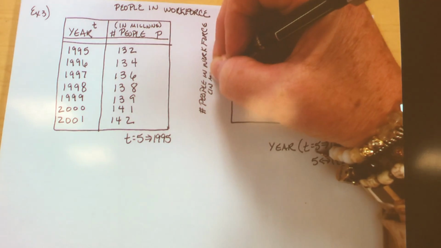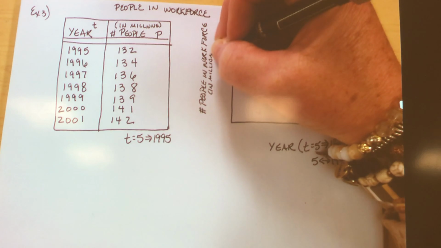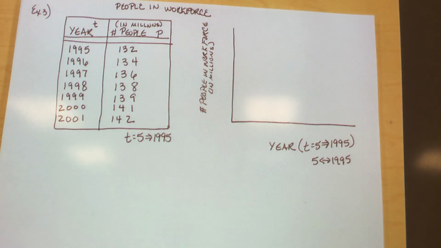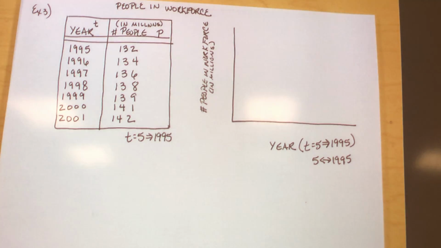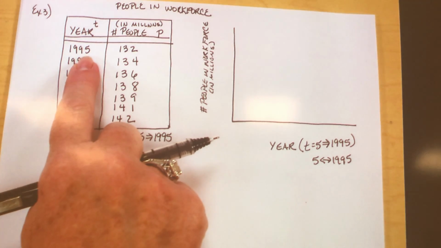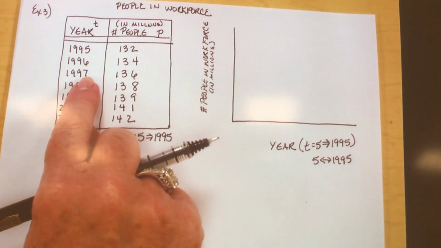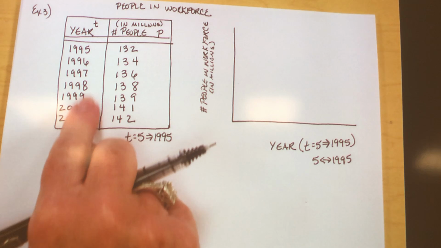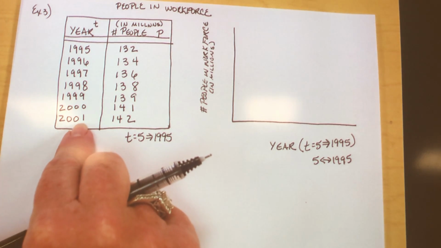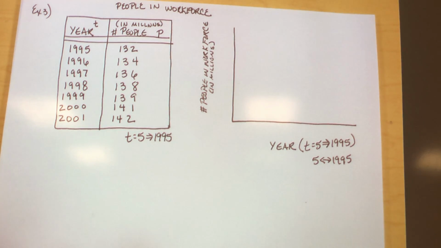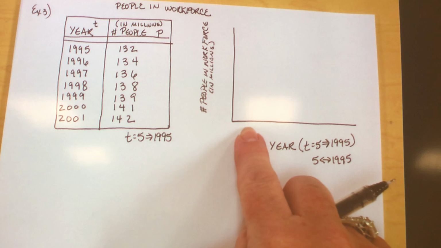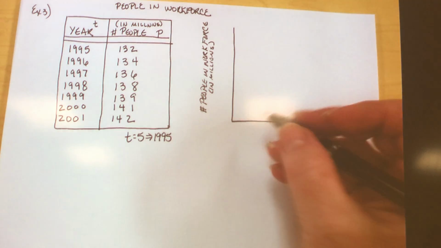In millions. Okay, so 5. What's the next one? 6, and then 7, 8, 9, 10, 11. So that's what I'm going from and to. Does everybody understand? Do I need to start at 0 and go to 1? No. It says let's start at 5.